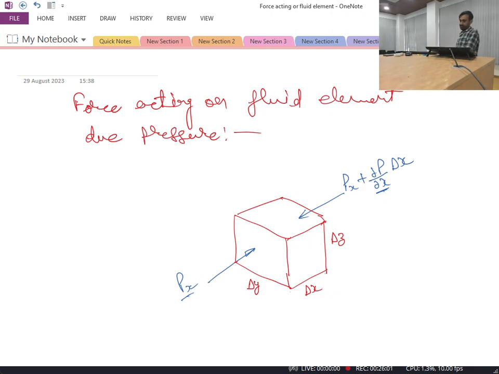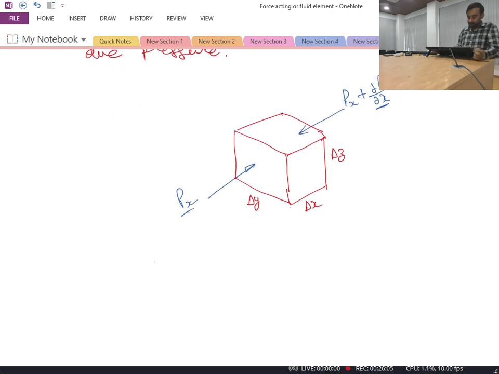So if I calculate how much force is acting in the x direction, particularly because of the pressure, that will be nothing but px times the area of this element, which is delta y into delta z.